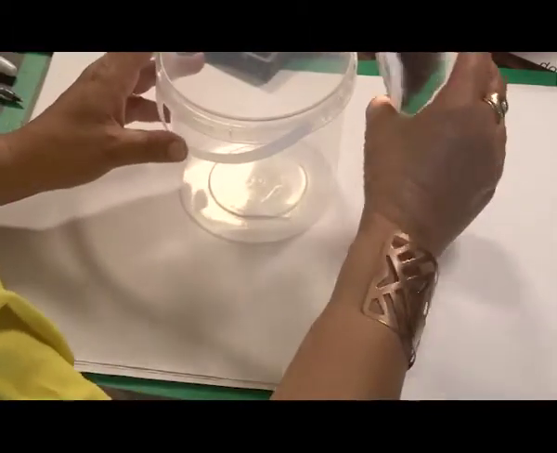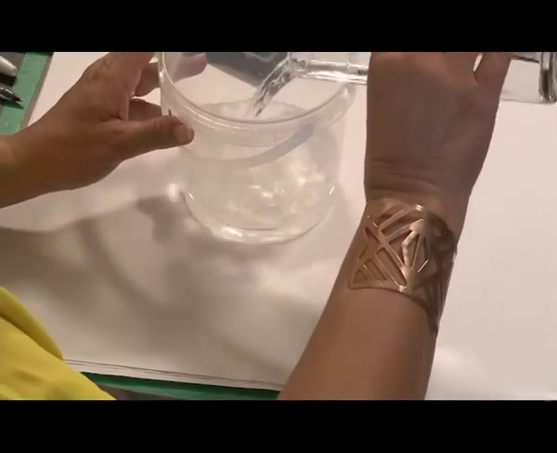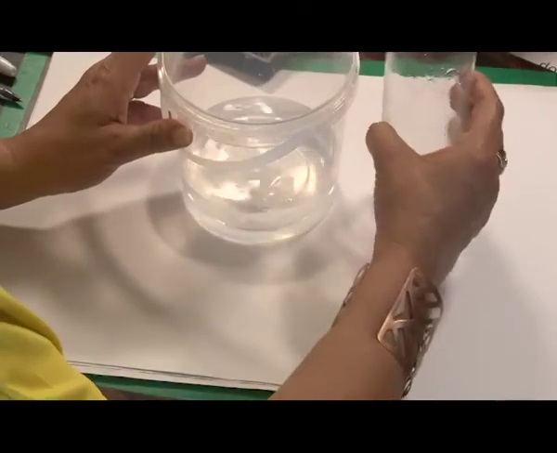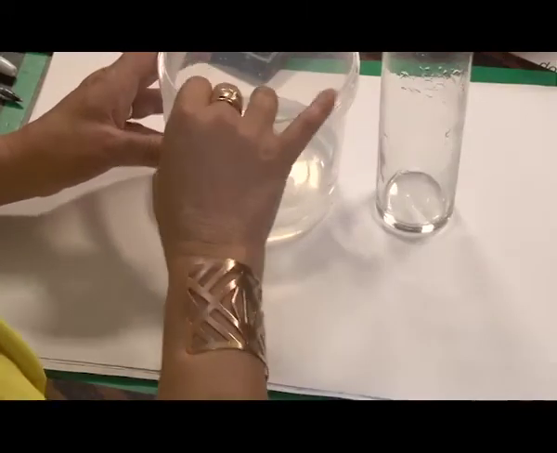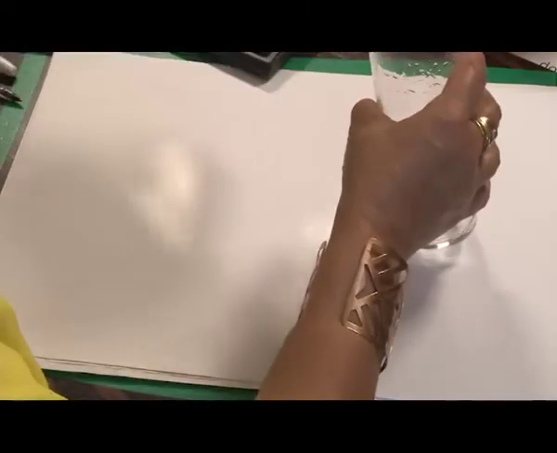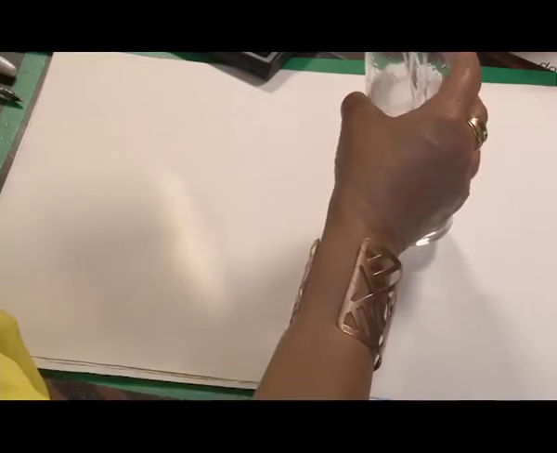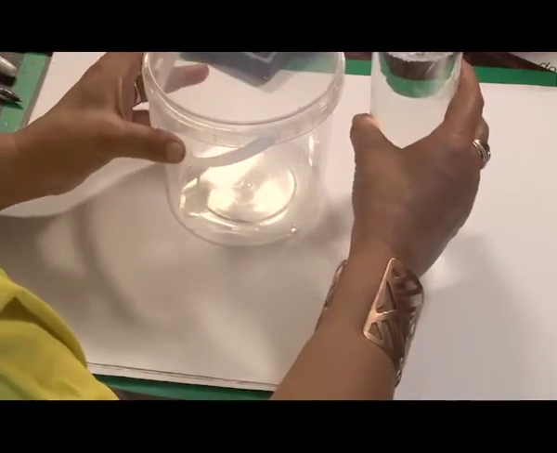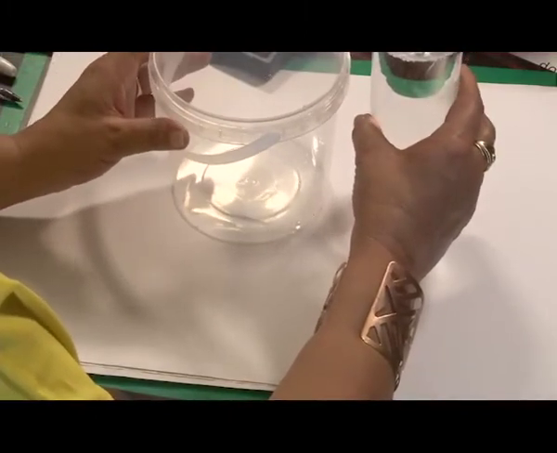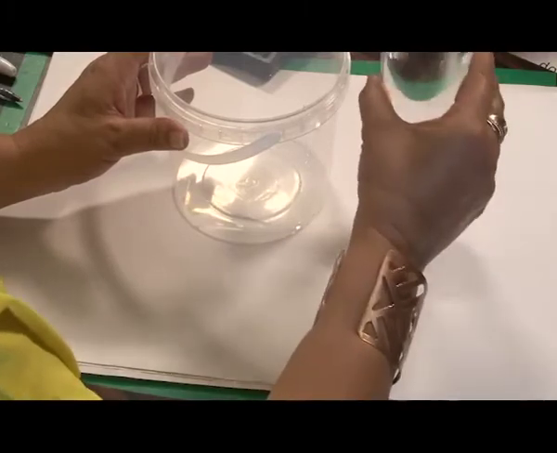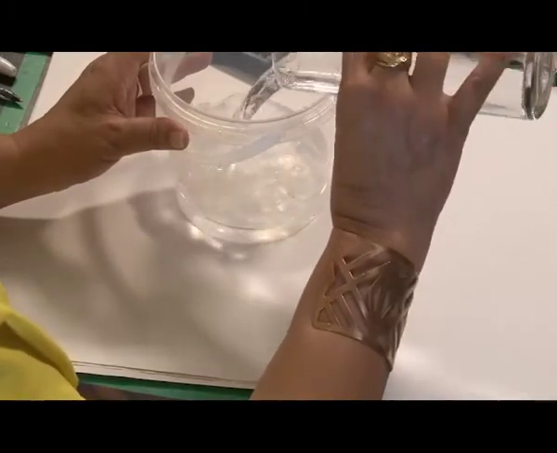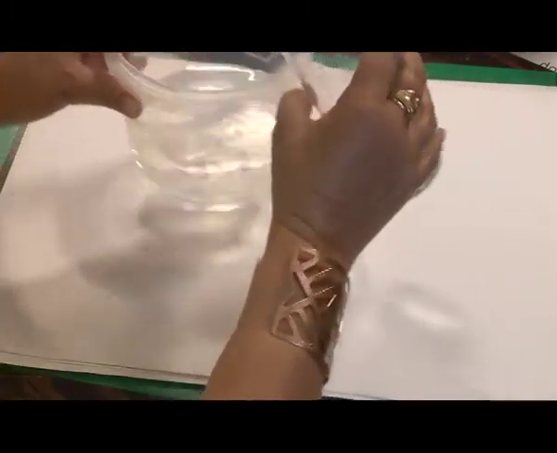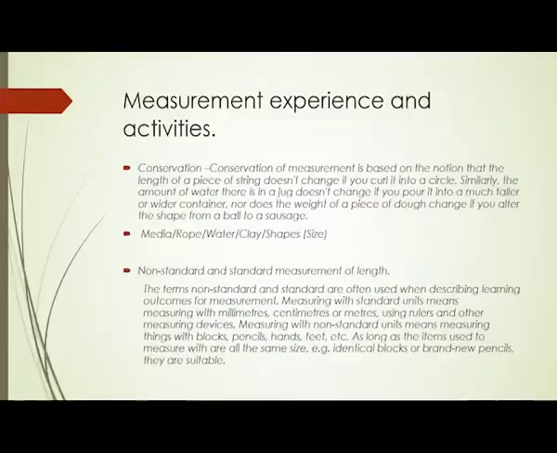For my child, if I pour the water in a much bigger container, the child will not realize that the amount of water that comes from the much bigger container than the one from the taller container is exactly the same. So I should practically show my child that the amount of water does not change if the container changes. That is capacity.